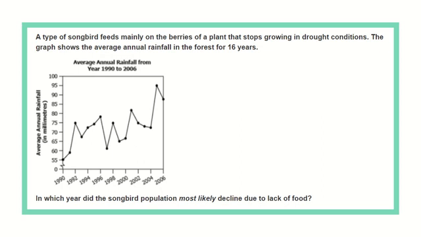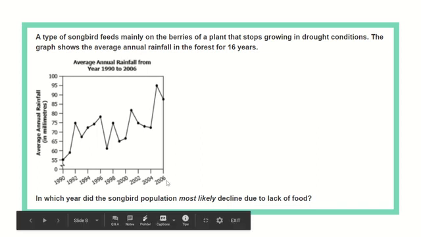A type of songbird feeds mainly on berries of a plant that stops growing in drought conditions. Now, drought conditions is when we have a lot of dry weather. We don't get the rainfall that we typically have. The graph shows the average annual rainfall in the forest for 16 years. So 1990 to 2006 is 16 years.